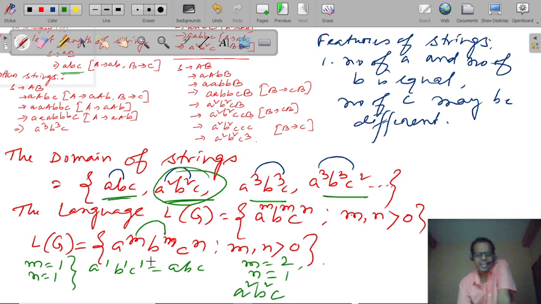So we will see how a grammar can be converted to a language, and from a language it is also possible to generate the grammar.